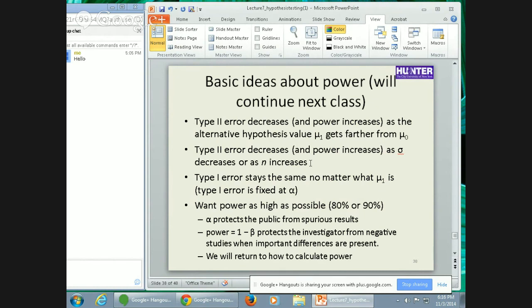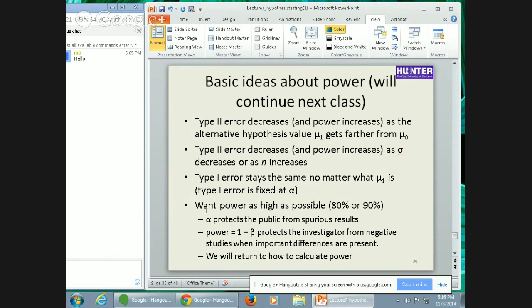So that's like your precision of the measurements improves. So the amount of overlap in your null and your alternative hypothesis distributions decreases. Your type 1 error rate, alpha, stays the same, regardless of what your mean under the alternative hypothesis is.